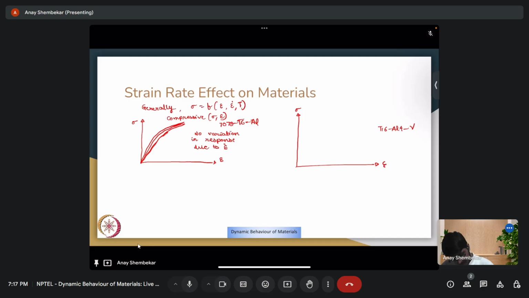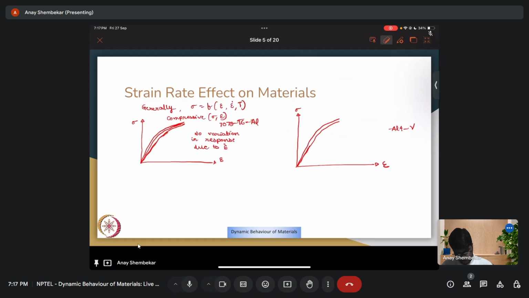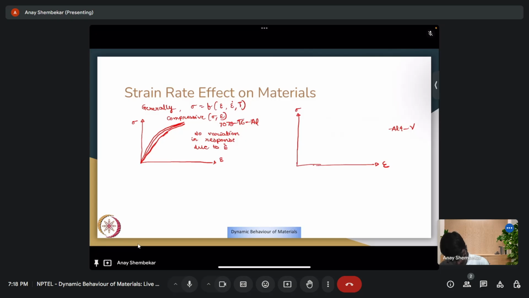What do we see is that the yield point diverges, something like this.